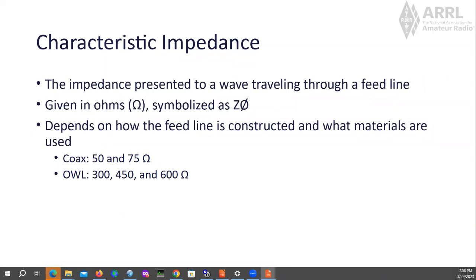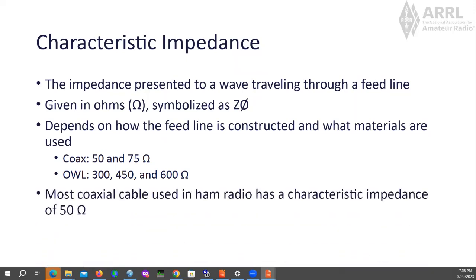Open wire line is 300, 450, and 600 ohms. And again, you can make whatever you need. Most coaxial cable used in ham radio has a characteristic impedance of 50 ohm. It's the most common. That's what our radios are designed for.